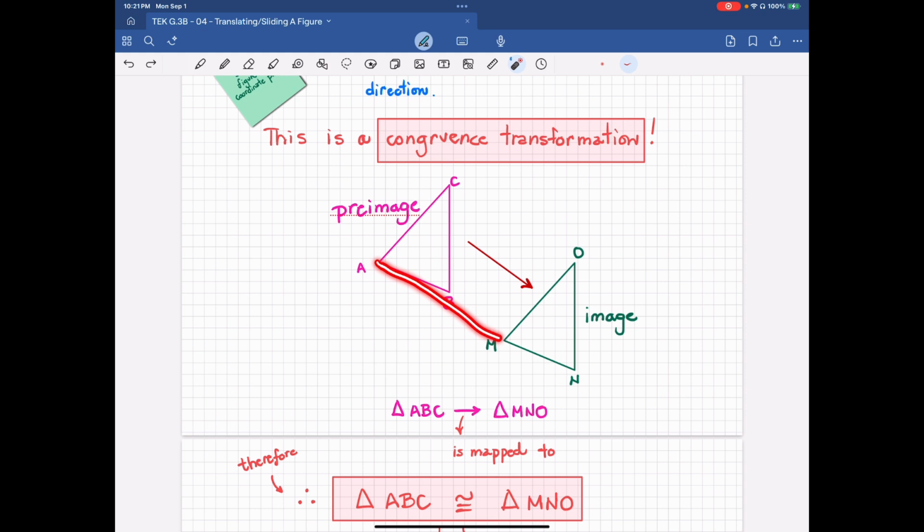So A moved to M, C moved to O, and B moved to N. If I measured each one of these glowing red lines, all of them would have the exact same measurement because they've all been moved the exact same distance. Every point on these two triangles would be the exact same distance apart.